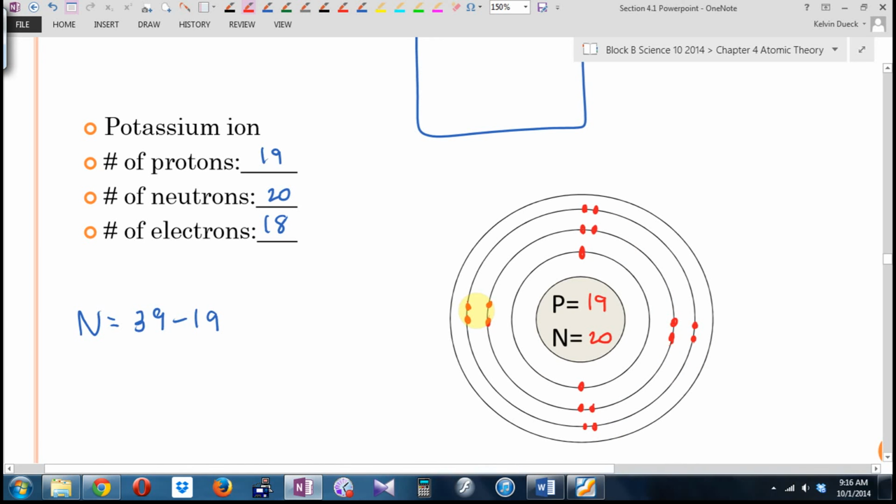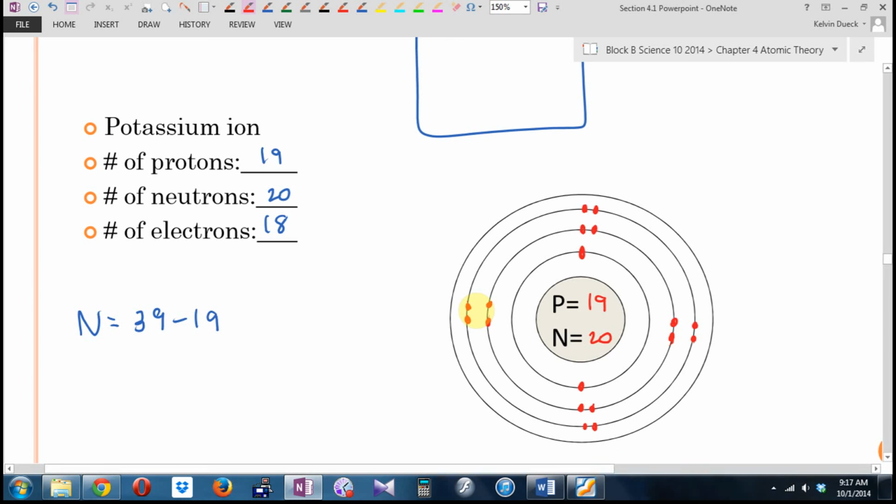How many are in the fourth shell? It's a trick question now, isn't it? How many are there if it was an atom? 1. How many are there now that it's an ion? None. Because that's the electron that it lost, that it gave away, that it sent to some other element.